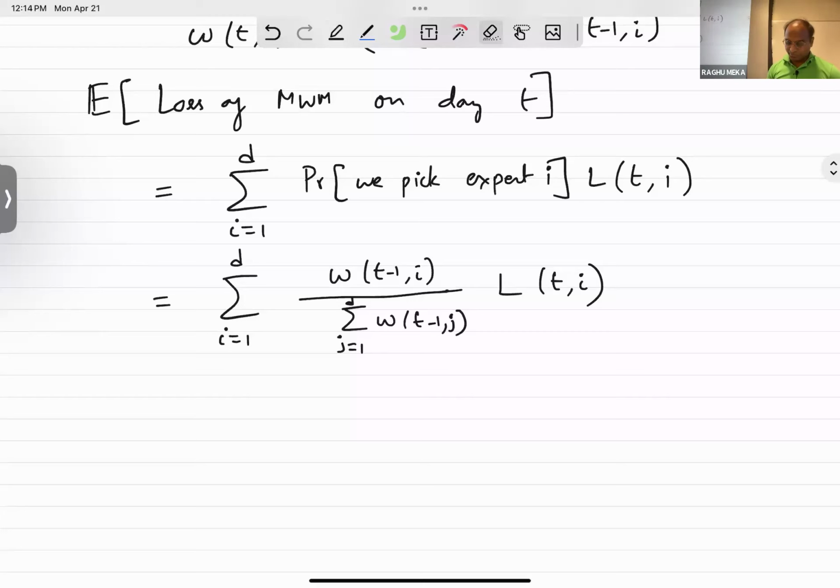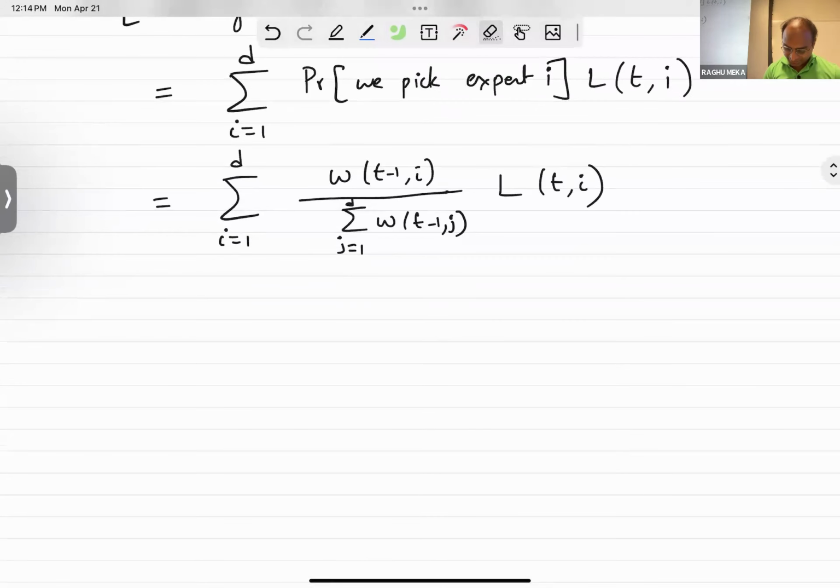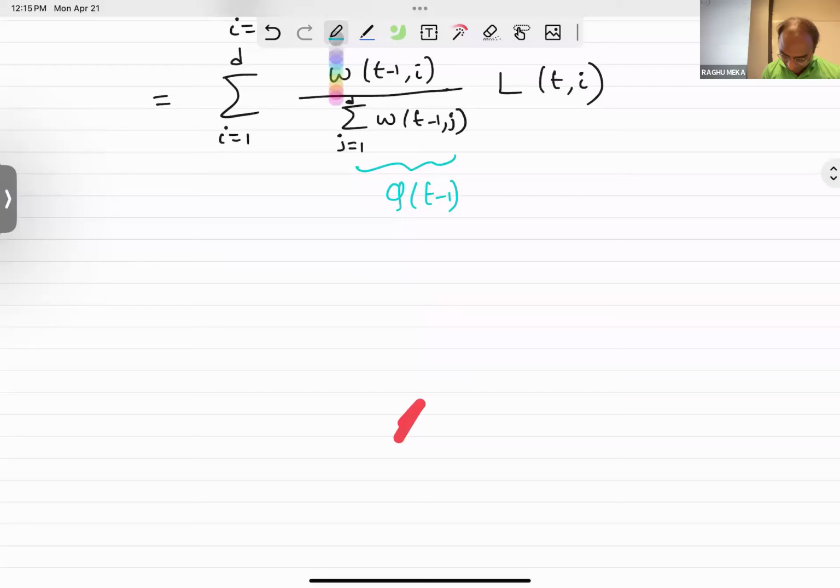All right, so all of this is exact formulas. Now we can write this in a simpler way as just phi of t minus 1. The sum of all the weights on the previous day is just the potential from the previous round. So I can simplify it and write this as equals 1 over phi of t minus 1 times this.